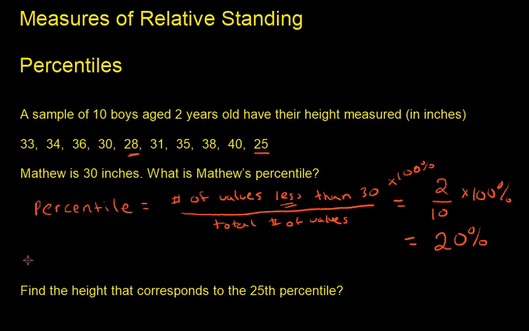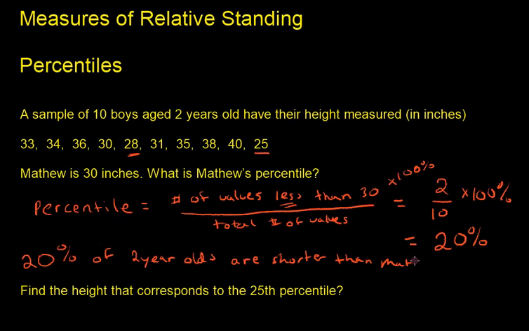So you would interpret this as 20% of 2-year-olds are shorter than Matthew.